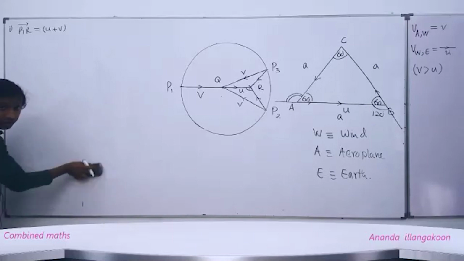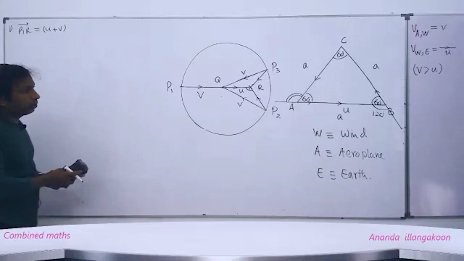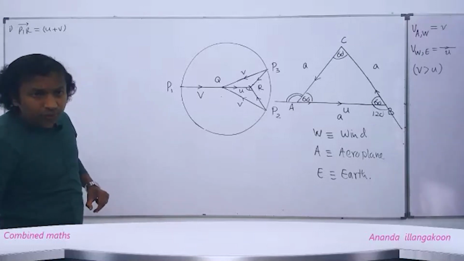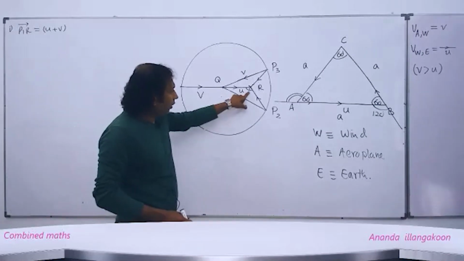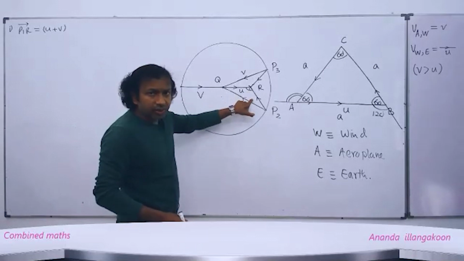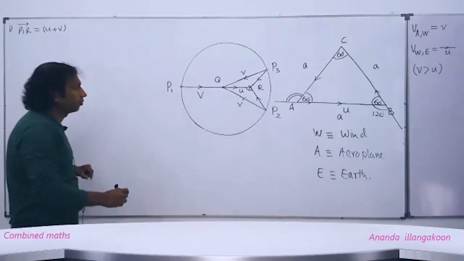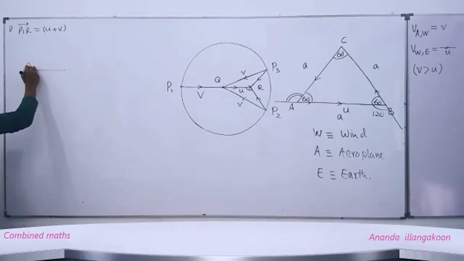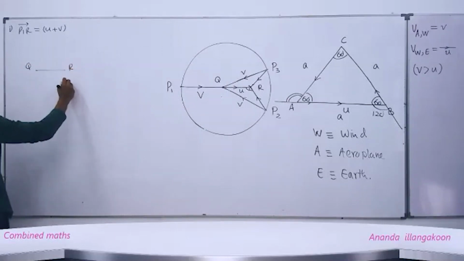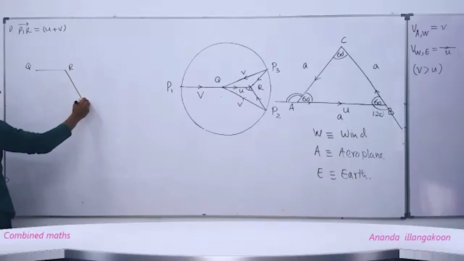Right. Okay. P2R, when I calculate, people, I do a construction like this. This is 120, no? If I make that construction in this diagram, you can't see a clear diagram here. What I do is this triangle I take out this way: Q, R, P2.